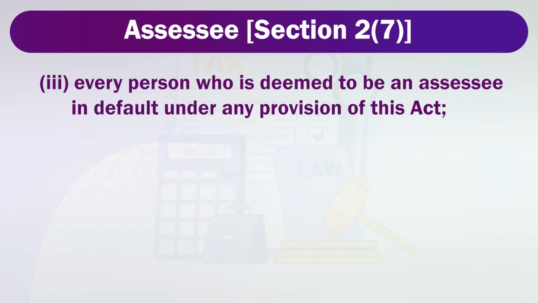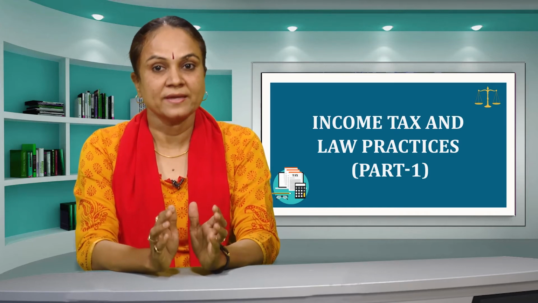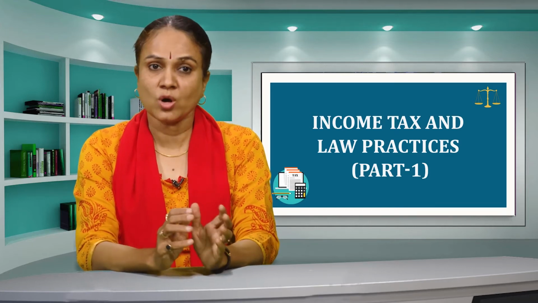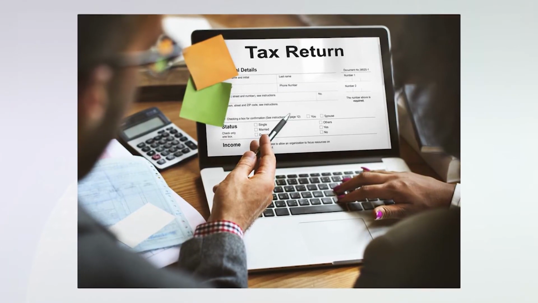Third, every person who is deemed to be an assessee in default under any provision of this Act. Assessee in default is a person who has failed to fulfill his statutory obligations as per the Income Tax Act, such as not paying taxes to the government or not filing his income tax return.